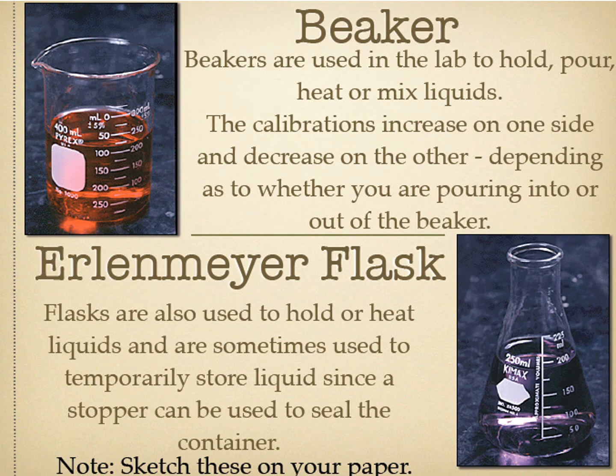It's easy to pour because there's a little spout on the side. Erlenmeyer flasks, mostly we just use them, again, to store liquid. Most of the time we use them is if we need to hold a stopper, so you can fit something on top of it, or for titrations, because it keeps the liquid from splattering, unlike a beaker.